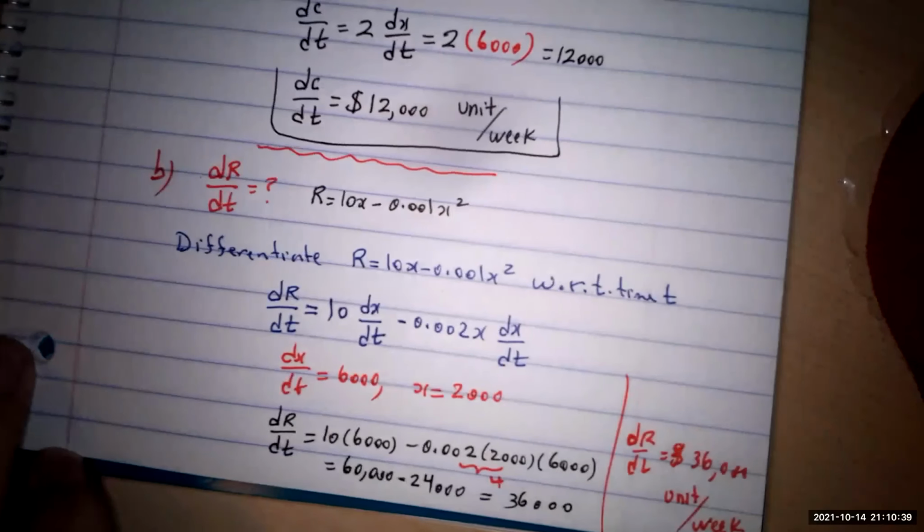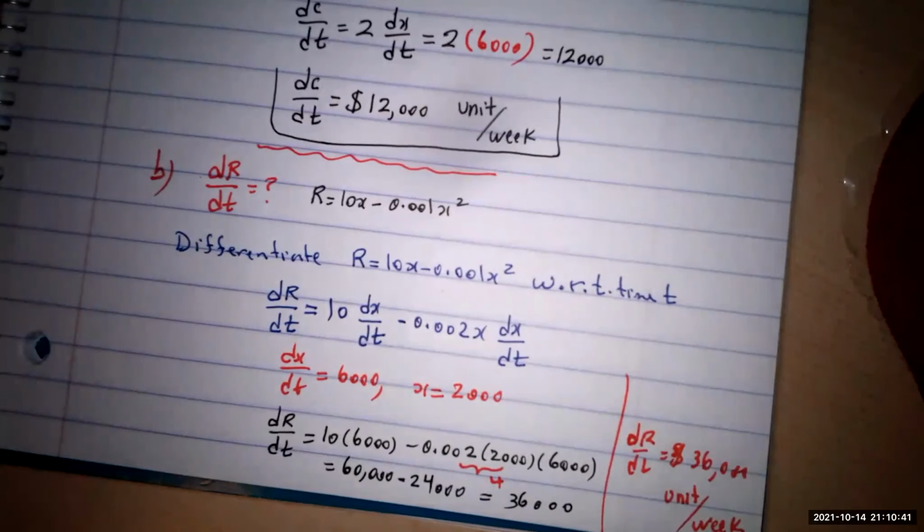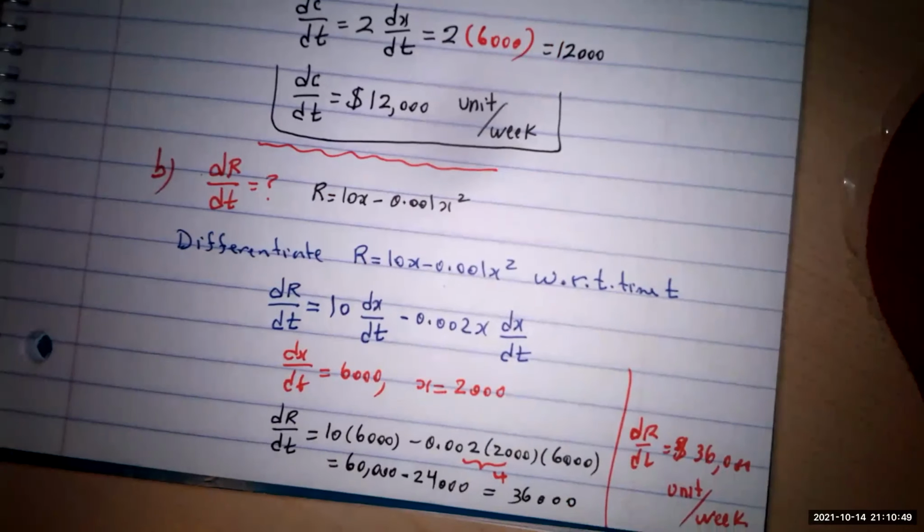So if you increase production by 6,000 units per week, this is the extra money that you're going to make. So you are going to make $36,000 per week at this level of production, which is a very good one. Okay, to get these numbers.